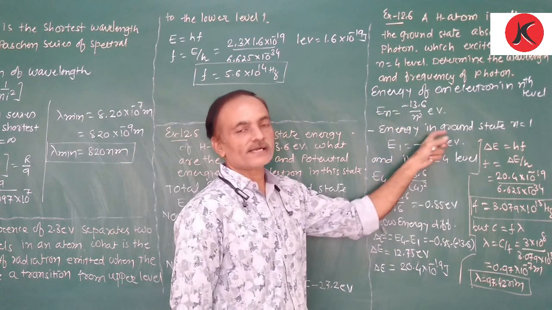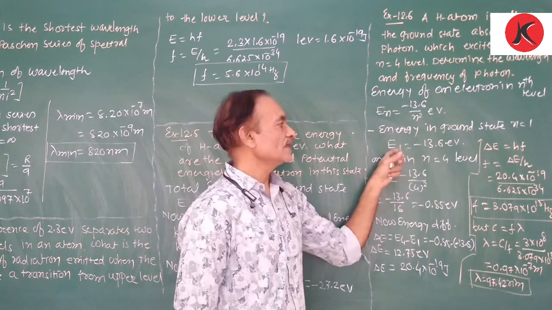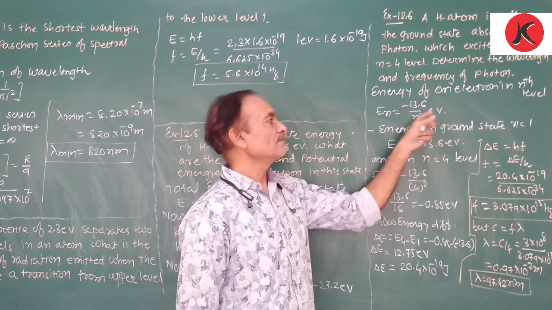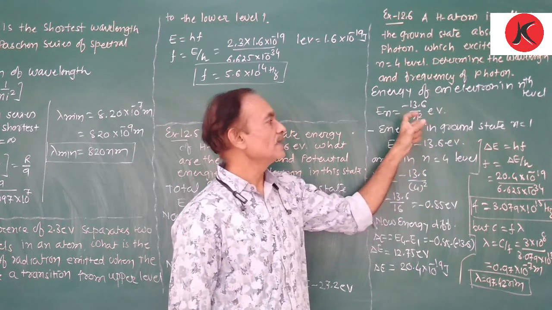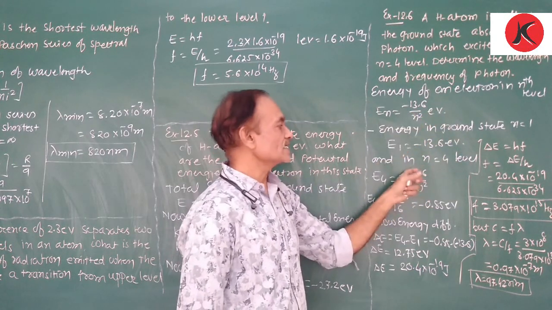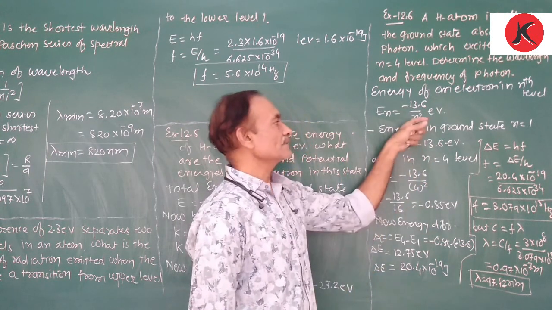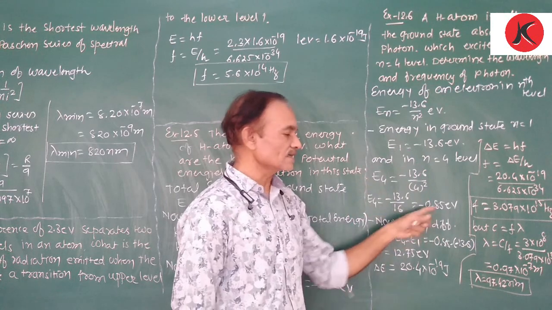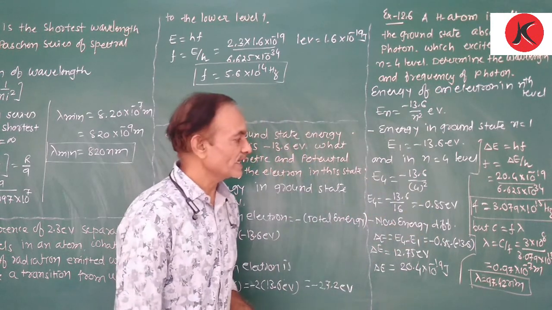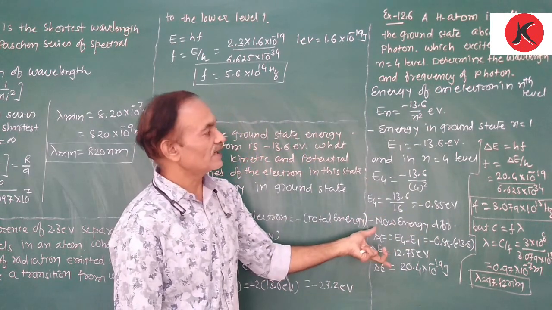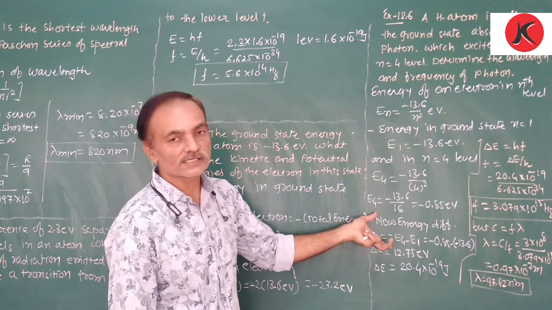For the ground state, n is equal to 1, so E1 is equal to minus 13.6. Substituting n is equal to 4 in this equation, we obtain minus 0.85. What is the energy difference between the ground state and the 4th level?